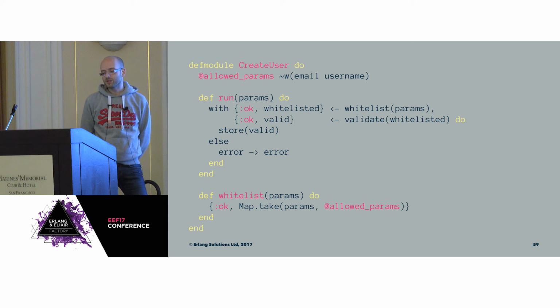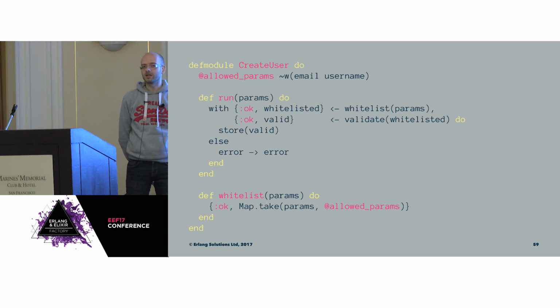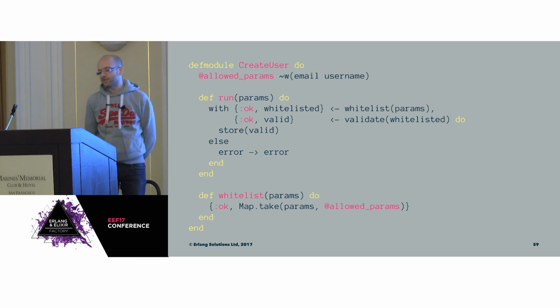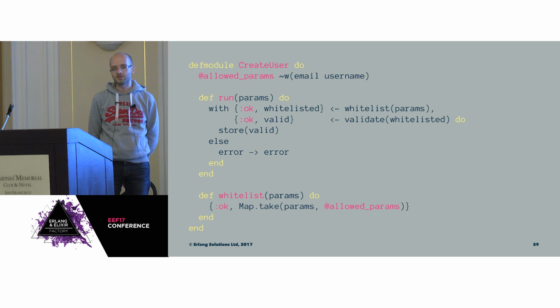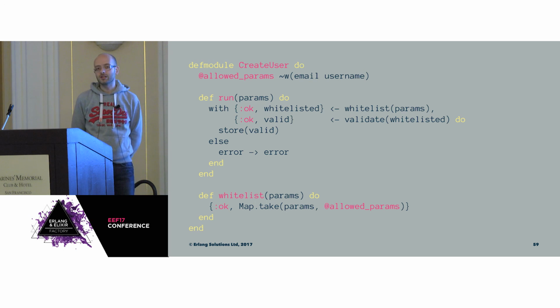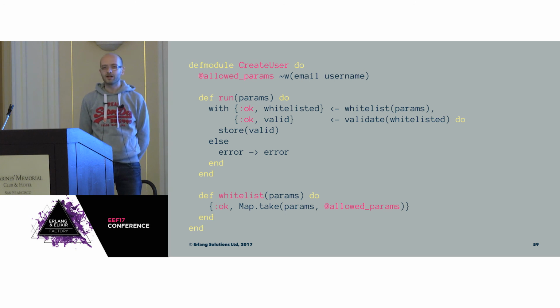It's more about just not having to write two function heads for each function. So for example, let's assume that the whitelist function returns OK with the params and error reason. That means that if you did it just with a pipe, you would need to write a version of validate that accepts OK value error reason.